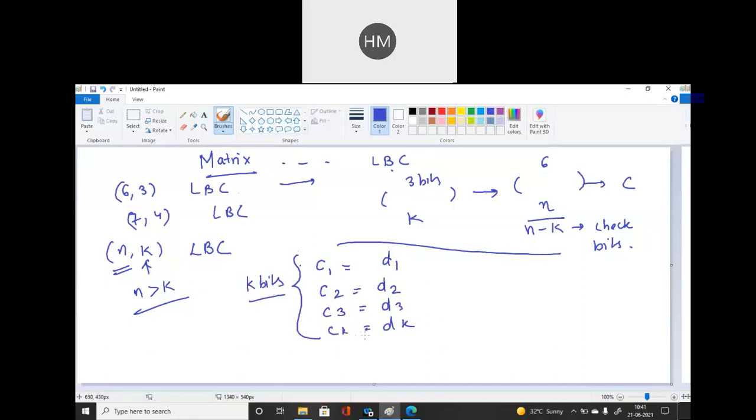Okay. Then you can write down here: then the last n minus k bits in the code word are check bits generated from the k message bits.